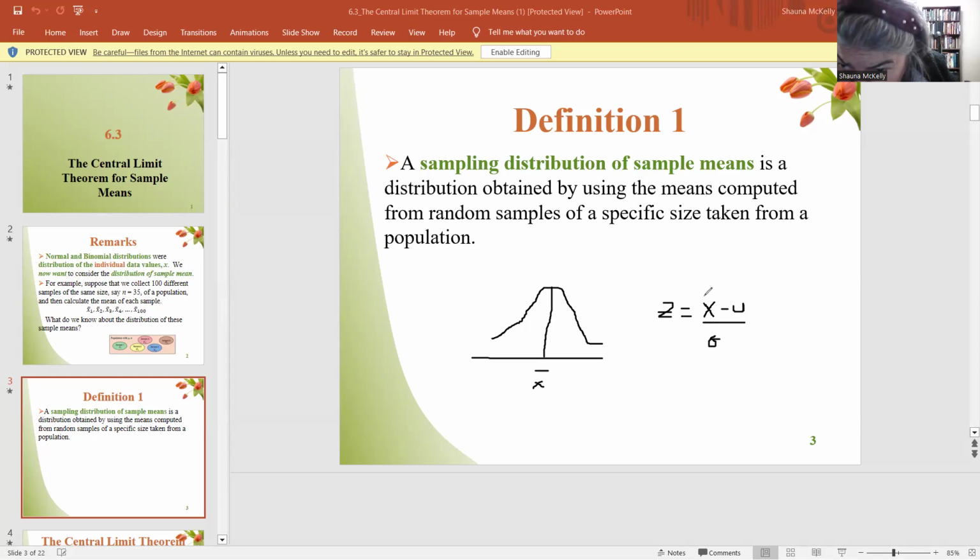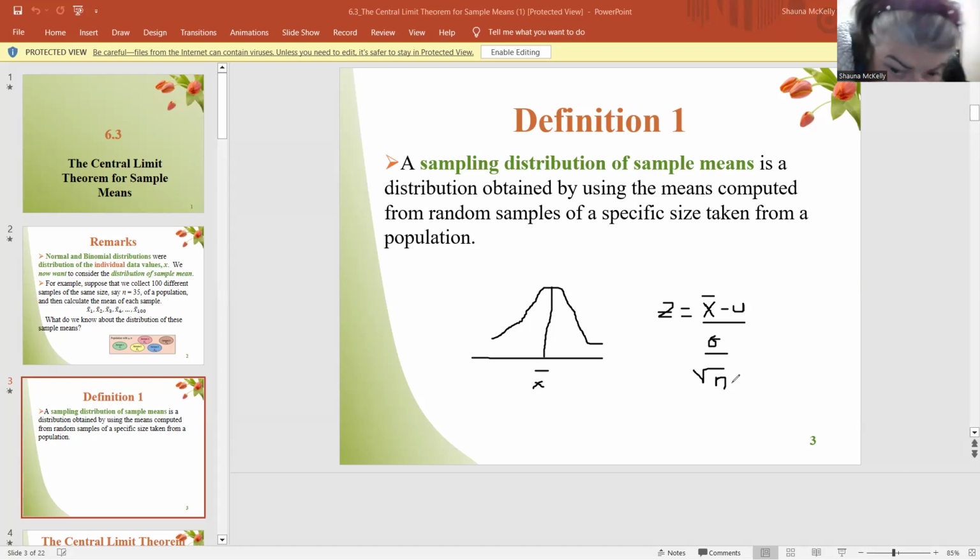We're going to write our sample notation, so we're going to have x bar there, and we're going to divide this sigma by the square root of our sample size. And that's going to be our new z formula. Everything else is going to stay the same in terms of shading areas and doing all of that. But that's where this is going.